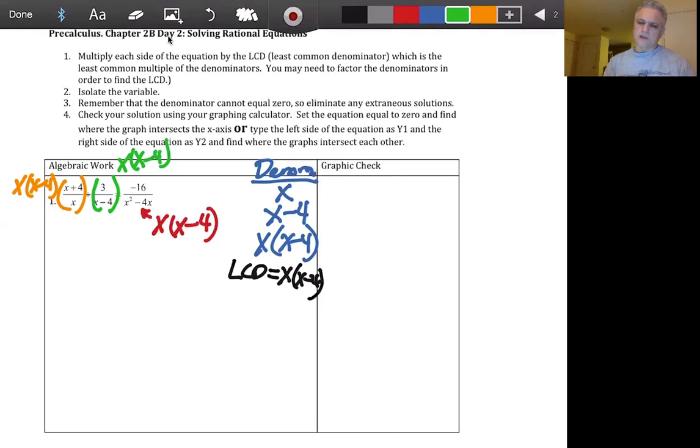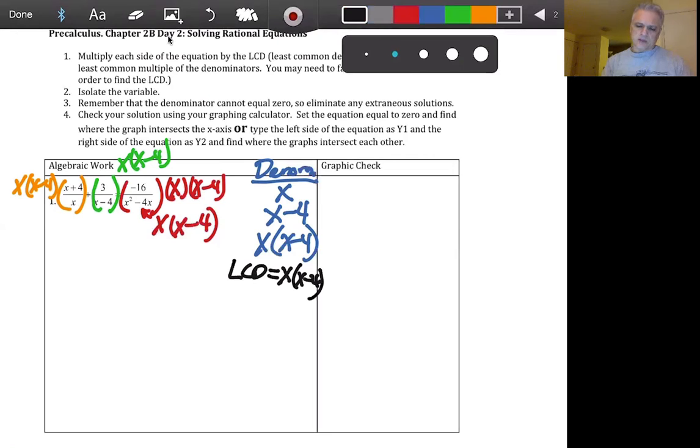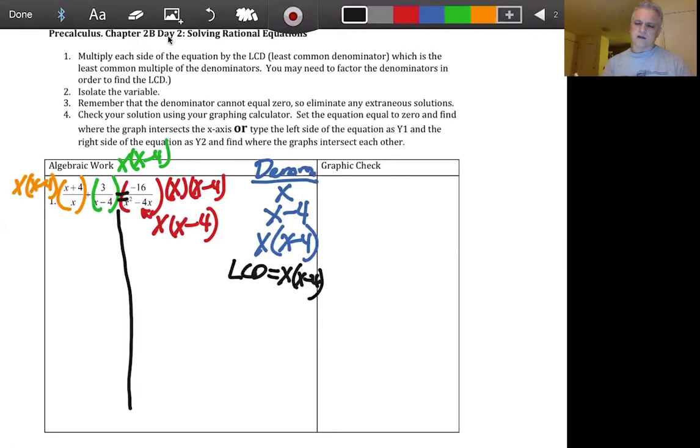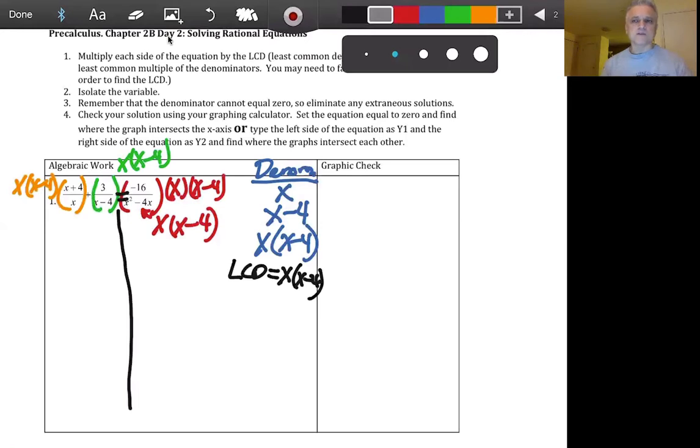And then I'm going to multiply it by, let's go with red again, by the third guy. Okay. All right, now the equal sign was in here. So I'm going to keep the equal sign there, separating my two sides.